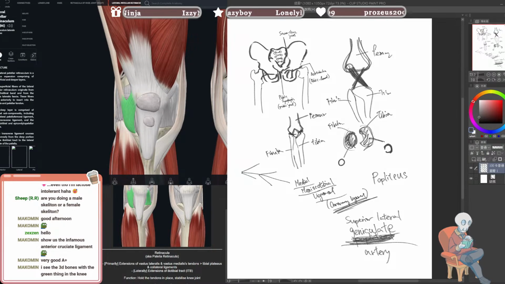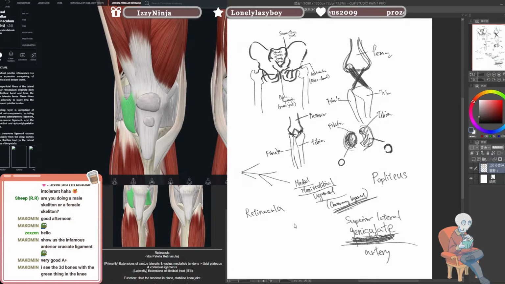So what the professor said, according to my memory, retinacula are basically very thick connective tissue that binds other tissues together.